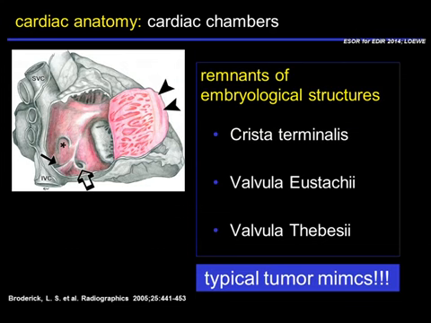To be honest, I am confusing them sometimes as well, so it's one of the things that we have to look at again every time we are confronted. However, it's really important to be familiar and to know that these structures exist, to not just write down this is a thrombus or a tumor.